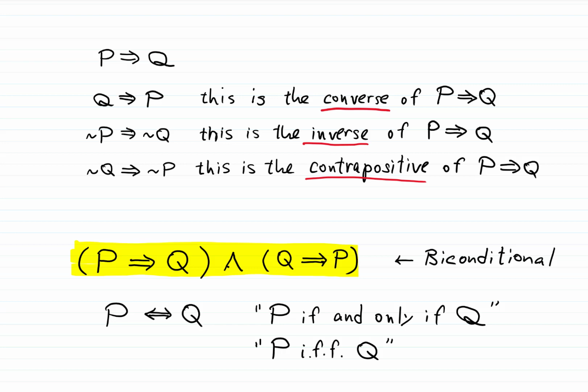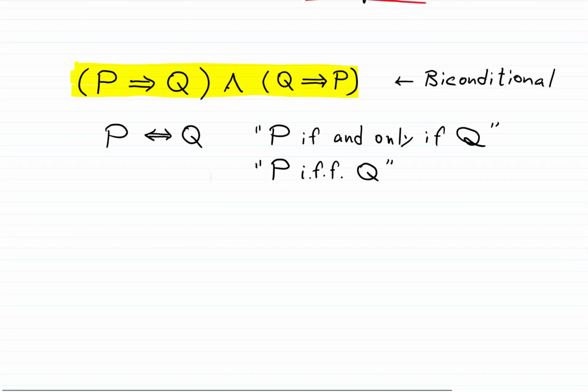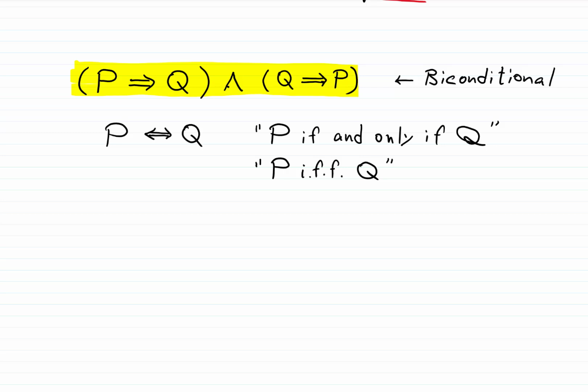So what would be an example of a biconditional? Suppose that you're thinking of a number. Okay? A specific number. And suppose that P is the statement, the number I'm thinking of is even.